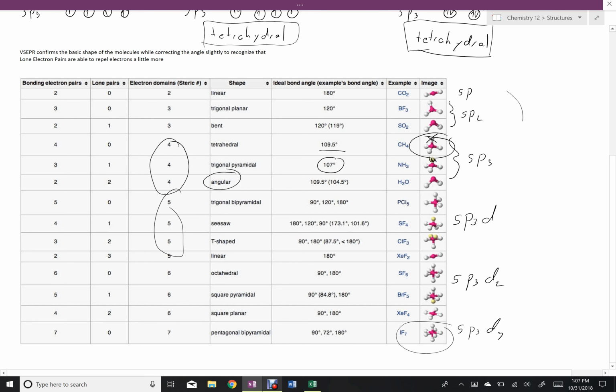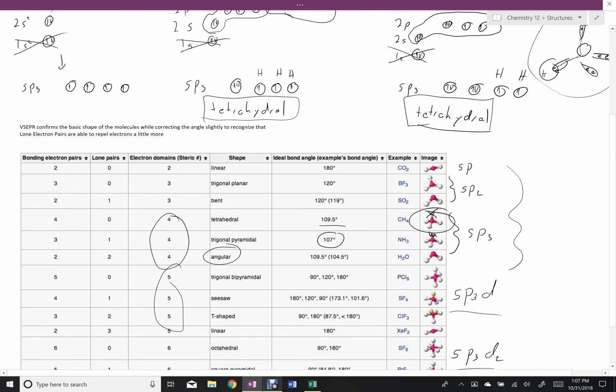So most molecules fall in this range, but I'm going to do another video, I think, where I look at some sp3d or sp3d2 molecules, and we'll see how that all corresponds with shapes and Lewis structures.